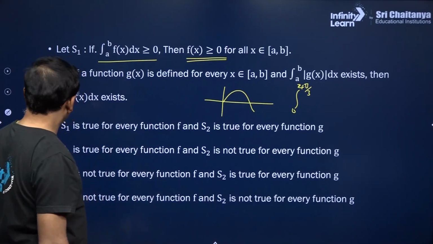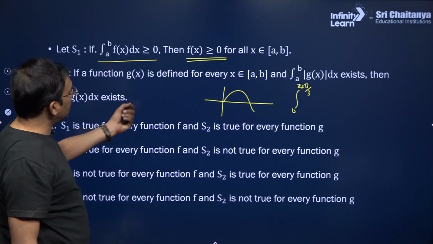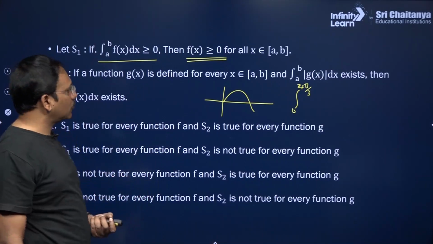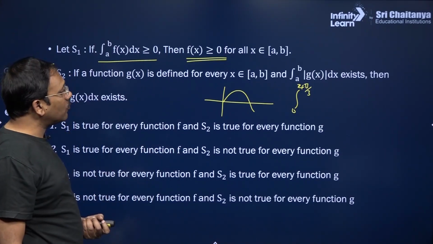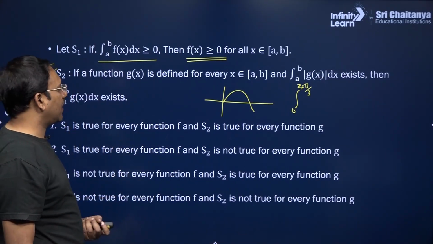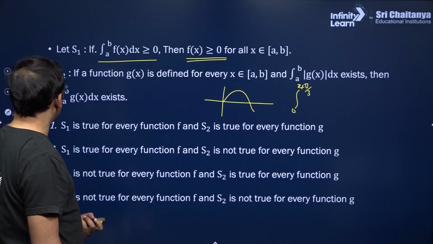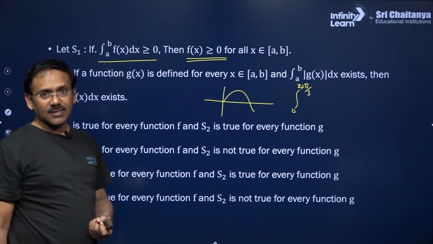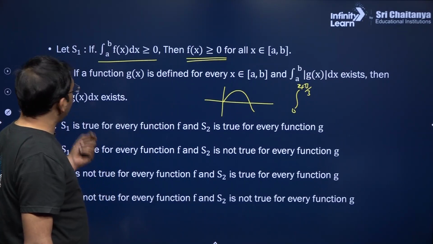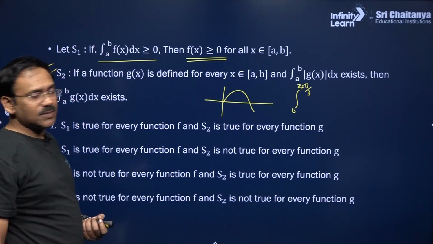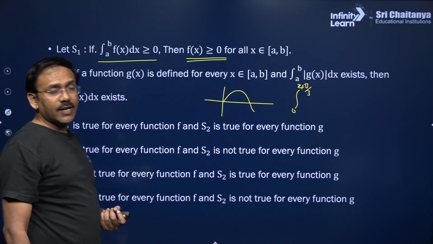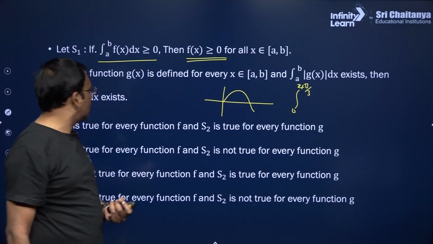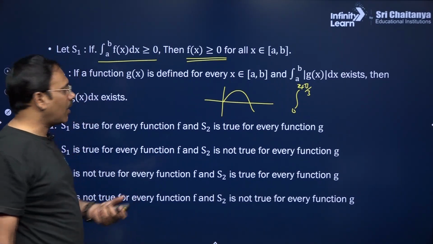Next, my dear friends, S2: if a function g of x is defined for x belonging to closed interval a, b, and the integral a to b of mod g of x exists, then the integral a to b of g of x exists. You see, g is a function defined on every x belonging to a, b, and the integral a to b of mod g of x exists, then what can you say about this? May not be, friends.